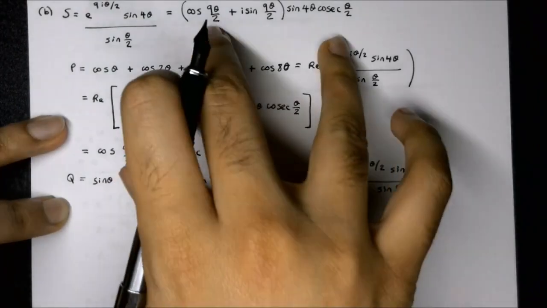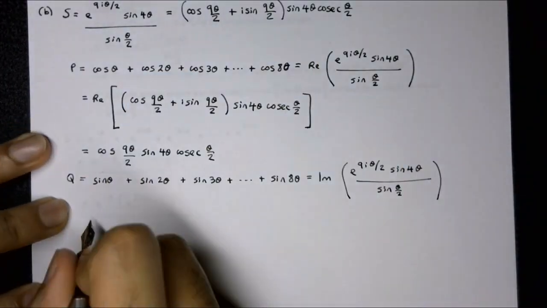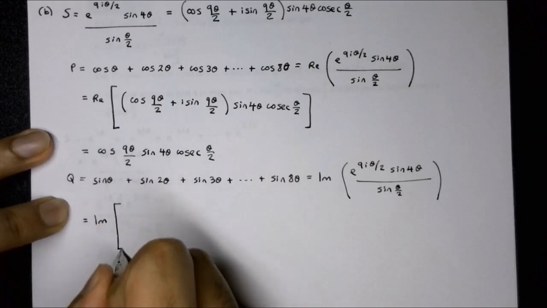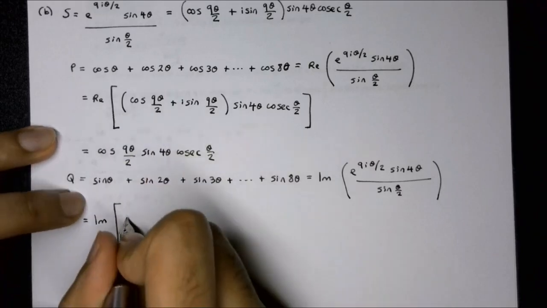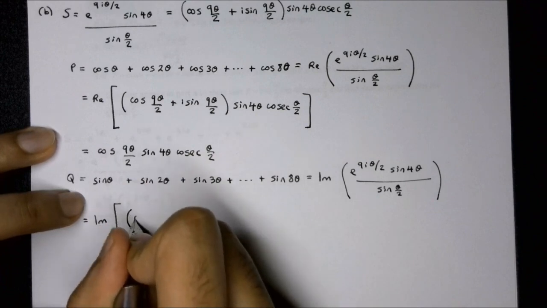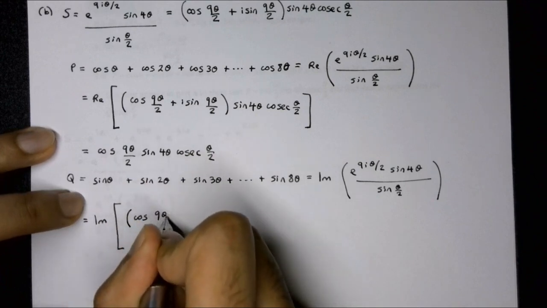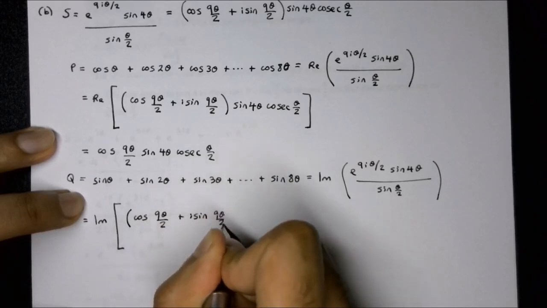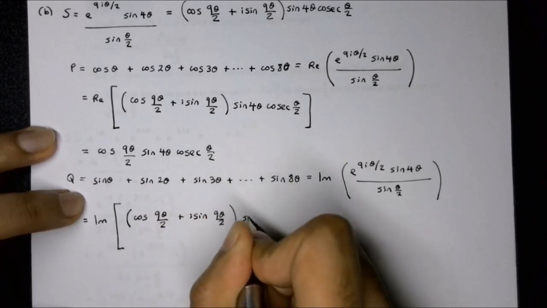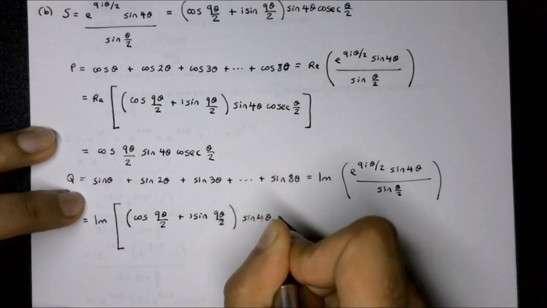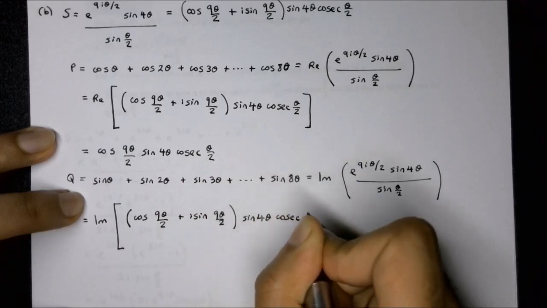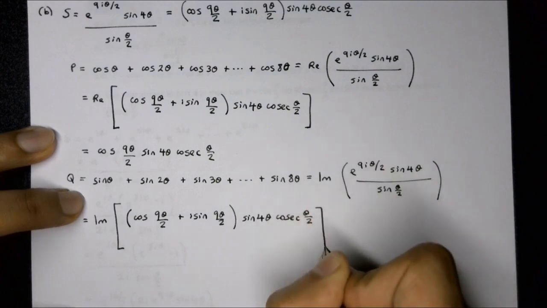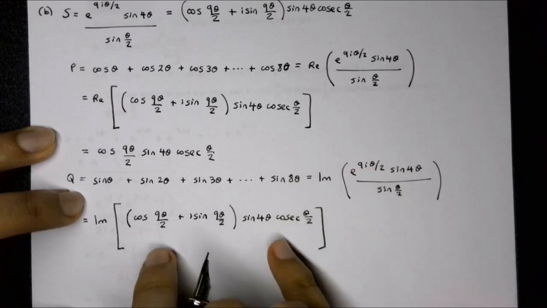So if we use what we have over here, we're looking at the imaginary part of cos of 9 theta over 2 plus i sine of 9 theta over 2 times by the sine of 4 theta times by the cosec of theta over 2. Okay, so we want the imaginary part of this.